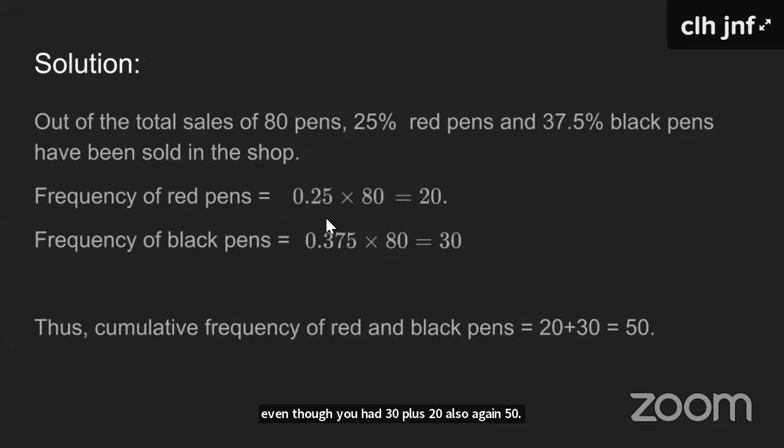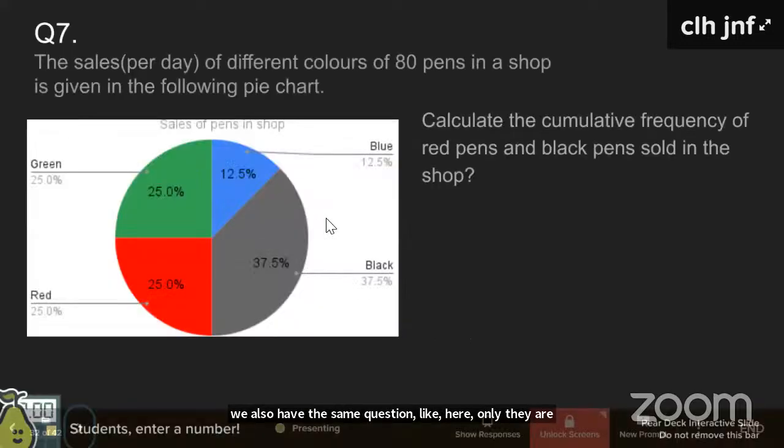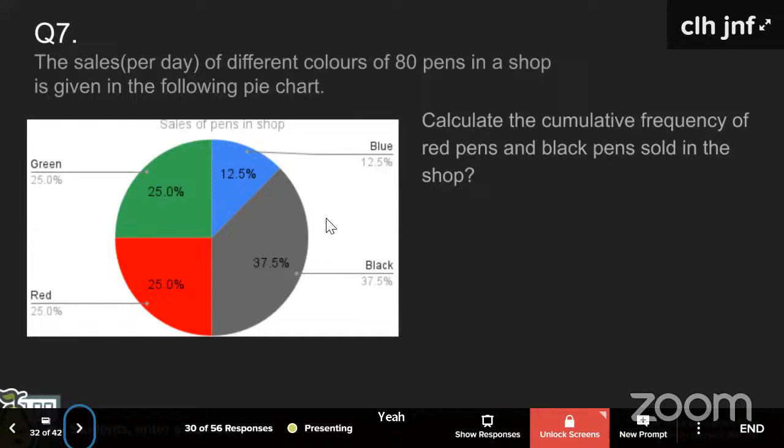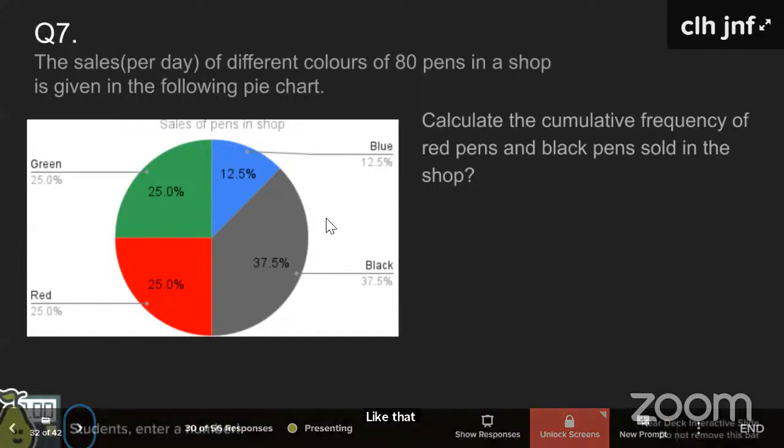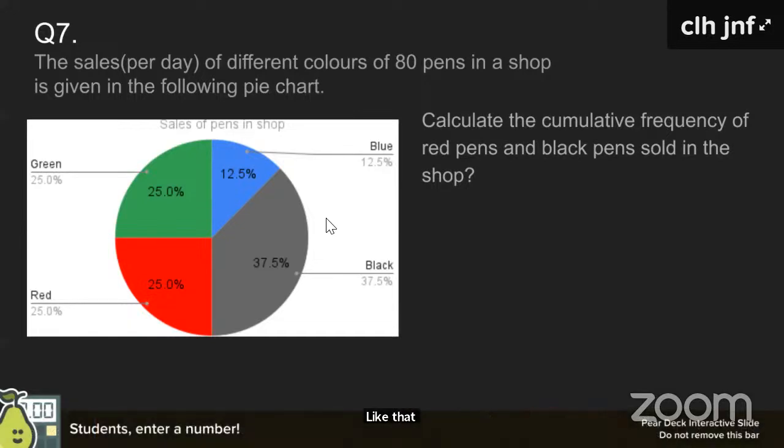Ma'am, I also have the same question. Here they are asking for the cumulative frequency of only two colors of pens, and we are concluding that the answer is 50.